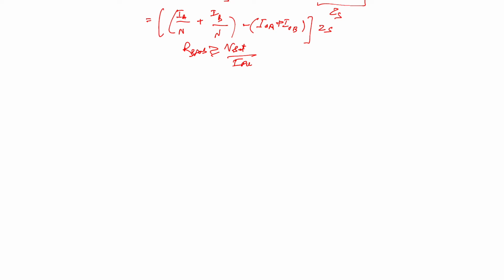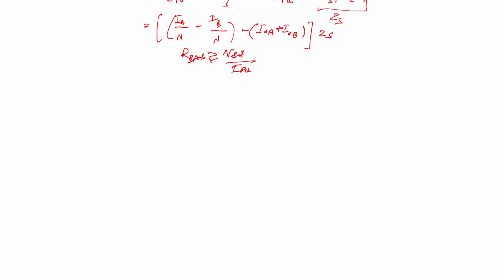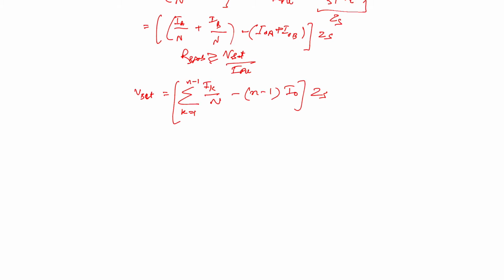Now assume we have N feeders, that the magnetizing current of each unsaturated CT is the same and equal to I0, and that the transformation ratio of all the CTs is the same, equal to N. The general expression for V set is the summation for K equals 1 to N minus 1 of IK divided by N, minus (N minus 1) I0, into ZS.